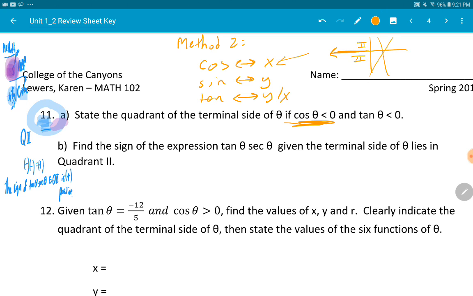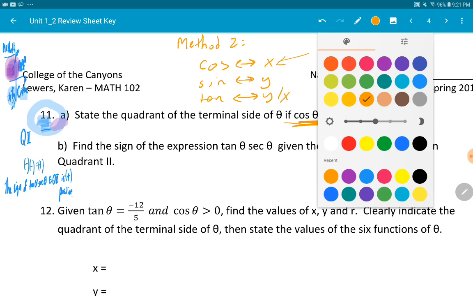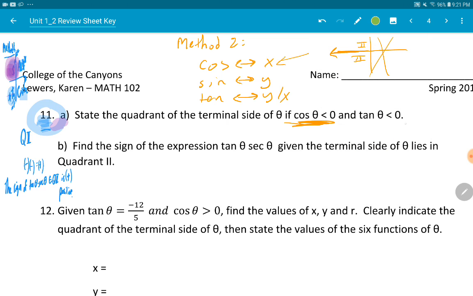And then I'm also given, get a different color here, tangent is negative. Tangent is negative when x and y are opposite signs. Because if they were the same sign, a negative divided by a negative is a positive. Positive divided by positive is a positive.